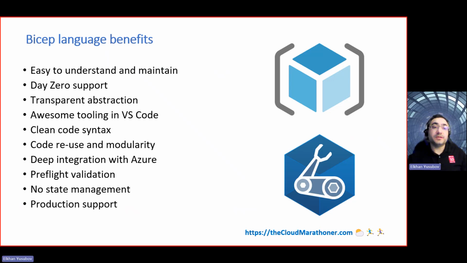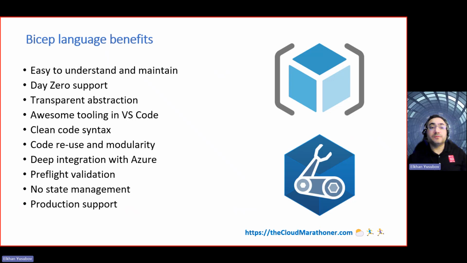Next, it's a transparent abstraction over ARM templates, meaning that whatever you can do in Azure Bicep is also doable in ARM templates, and all the features of ARM templates you can easily access and reuse with Azure Bicep, because Azure Bicep as a language gets compiled into ARM templates.